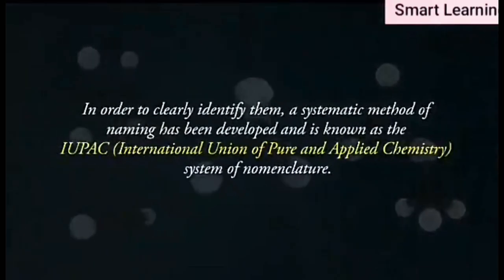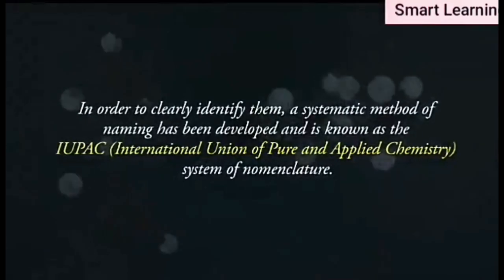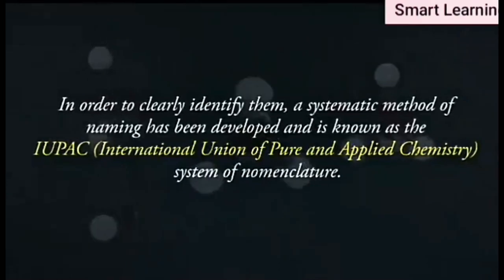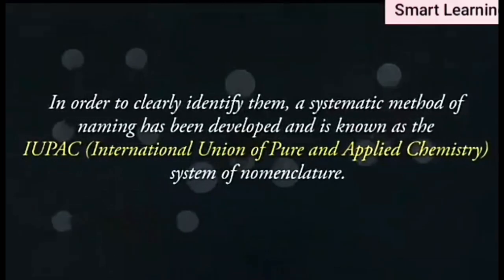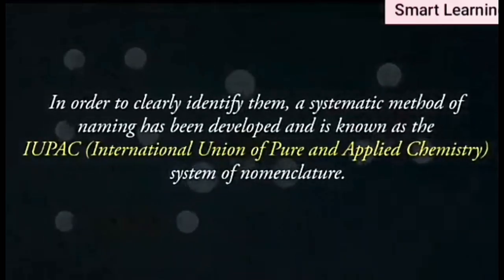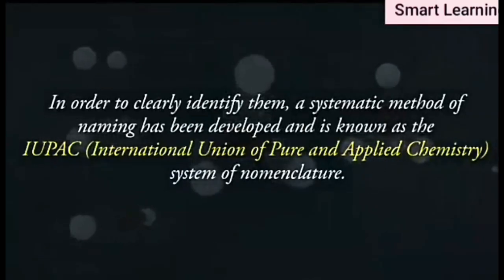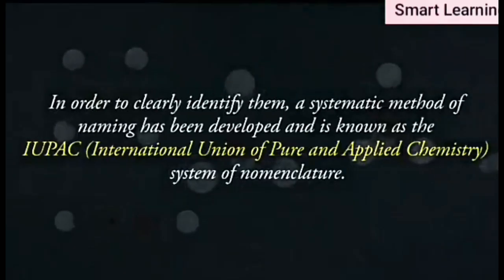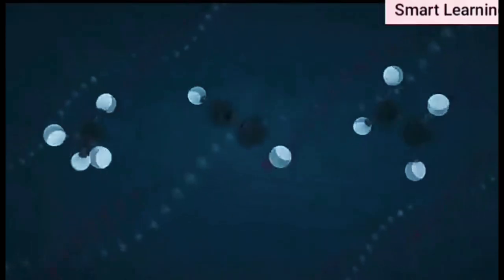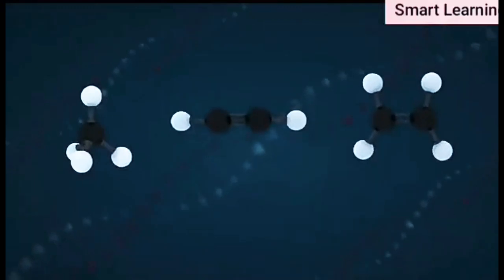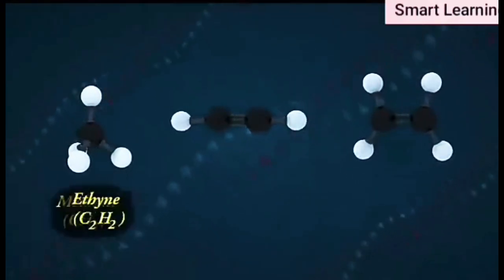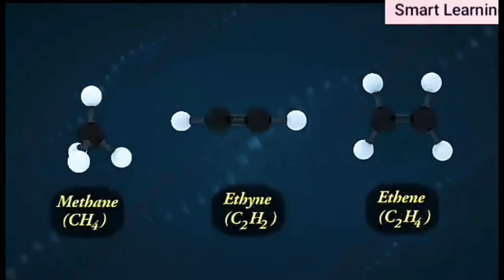In order to clearly identify them, a systematic method of naming has been developed and is known as the IUPAC, or International Union of Pure and Applied Chemistry, system of nomenclature. In this systematic nomenclature, the names are correlated with the structure such that the reader or listener can deduce the structure from the name.